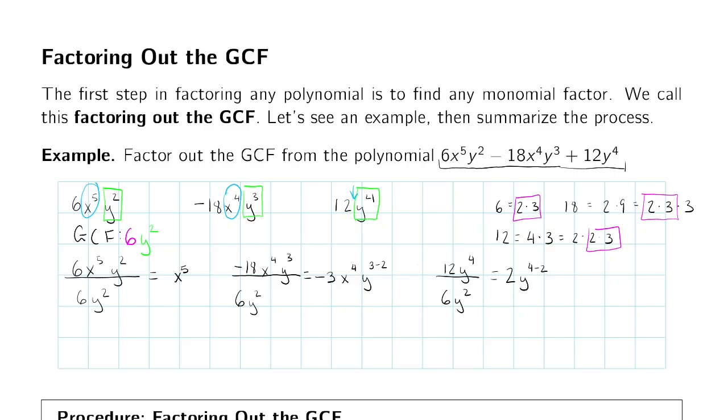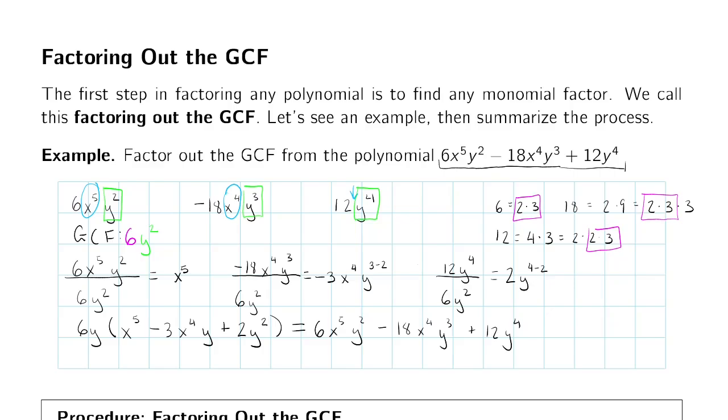So I claim that we can multiply 6y squared times x to the fifth minus 3x to the fourth y, right? 3 minus 2 is just 1, plus 2y squared. And that gives us our original polynomial, 6x to the fifth y squared minus 18x to the fourth y to the third plus 12y to the fourth.